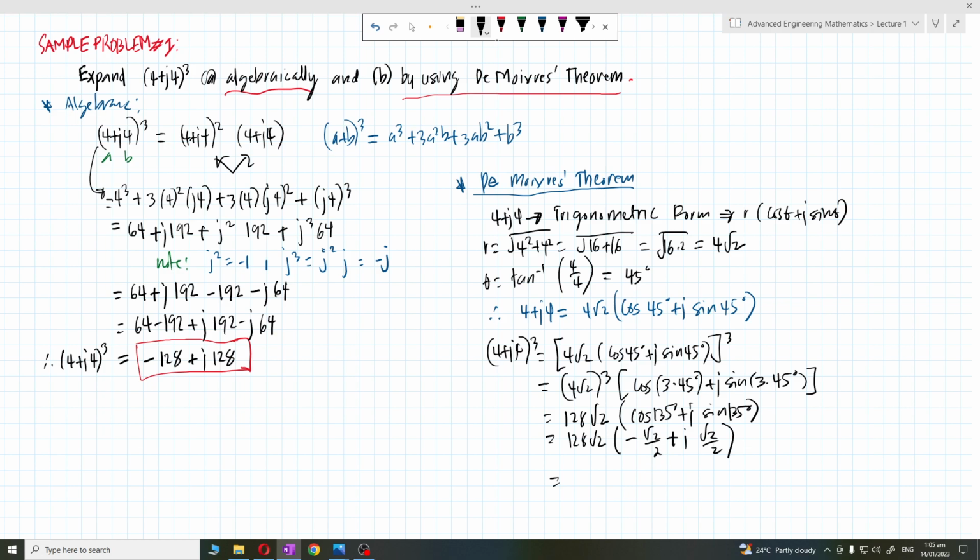So just copy 128, and with the negative sign you will have negative 128 here, then plus j128. So as you can see, the answers in both methods are the same.